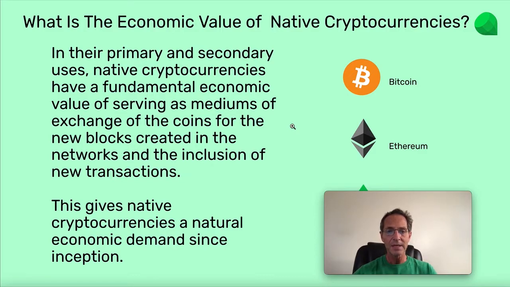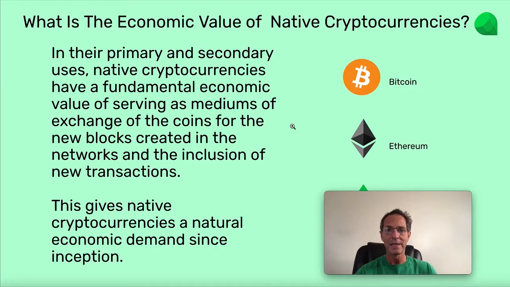In their primary and secondary uses, native cryptocurrencies have a fundamental economic value of serving as mediums of exchange of the coins for the new blocks created in the networks and the inclusion of new transactions. So that's the fundamental value of cryptocurrencies, and why Bitcoin, when it was invented in 2009, gained value eventually, because since its inception, it had a role.